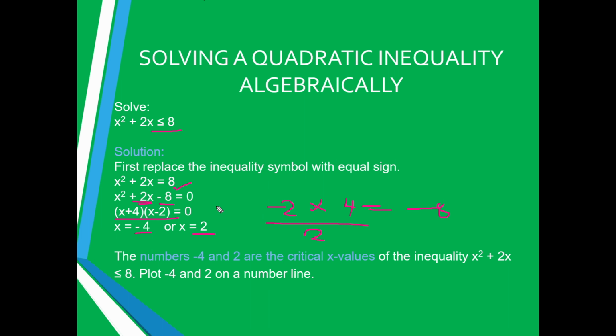And now with these critical values, or x values in a way, we have to think about how we can plot this, because we are using less than or equal to up there, just to see how we can actually get to the solution, right?